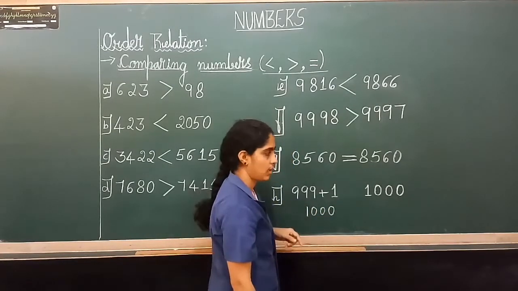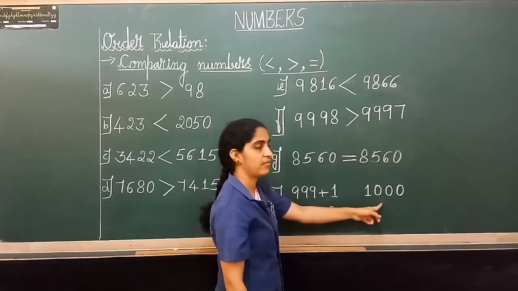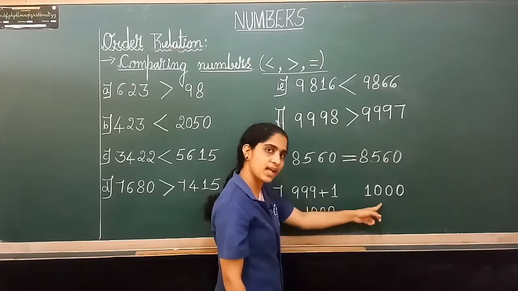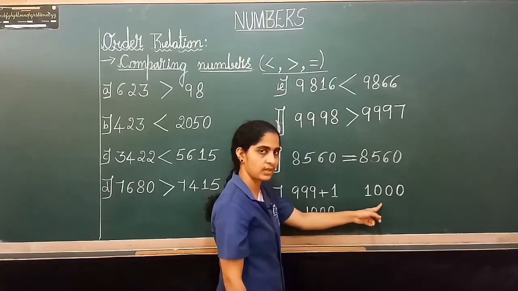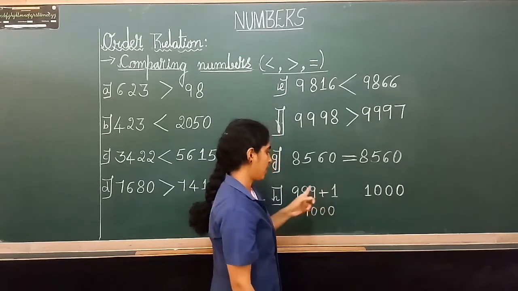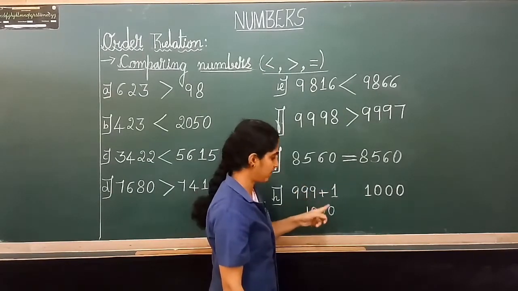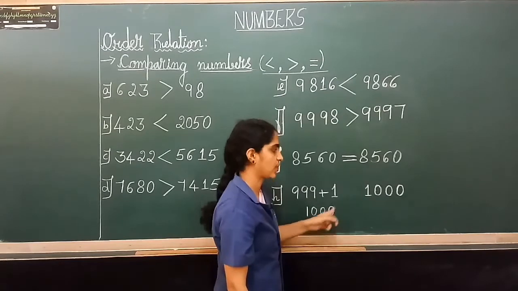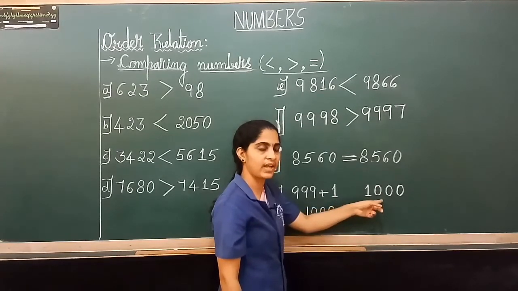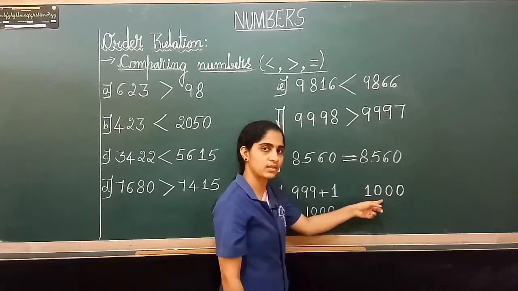Correct? So this side we have the number 1000. When we add 1 to 999, we will get the answer 1000. On the other side, we have number 1000.